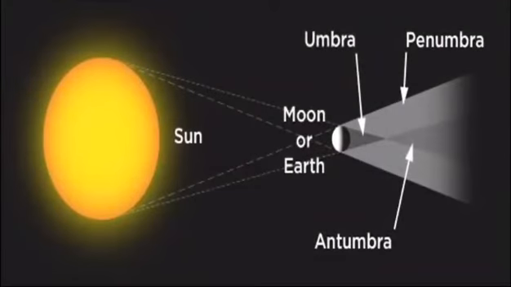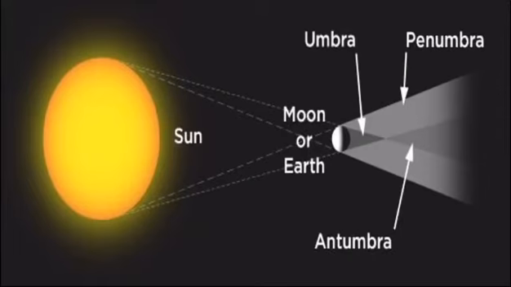I also showed you via video the types of the moon's shadow. There are three main parts of the moon's shadow during an eclipse, called the umbra, penumbra, and antumbra. Girls and guys, if you draw this diagram and note down the points, it would be really beneficial for you all.